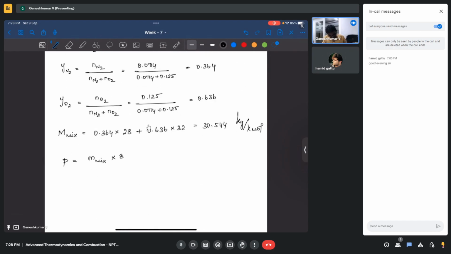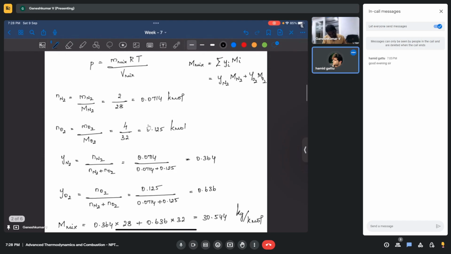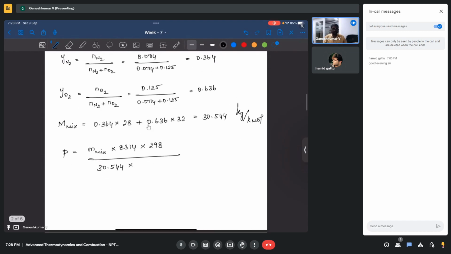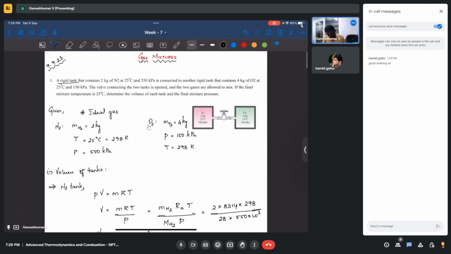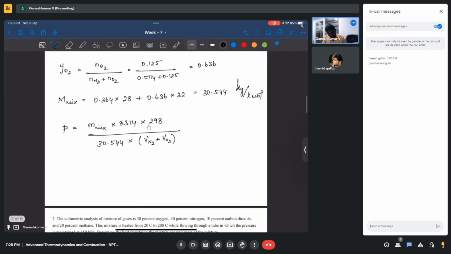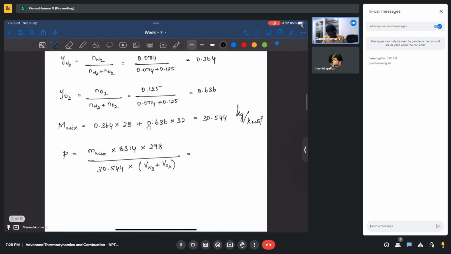And that is 8314 times the temperature, divided by the molecular weight 30.544, into the volume of the mixture. The volume is also going to remain the same, because it's just V of N2 plus V of O2, because those are rigid tanks. We already saw that, right? Since it's a rigid tank, it's not going to change. So if that is the case, it's going to be 6 times 8314.